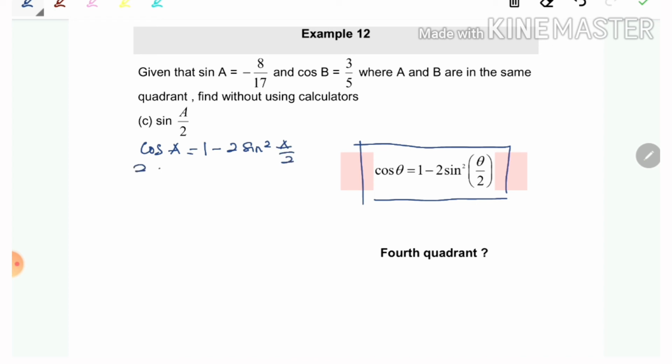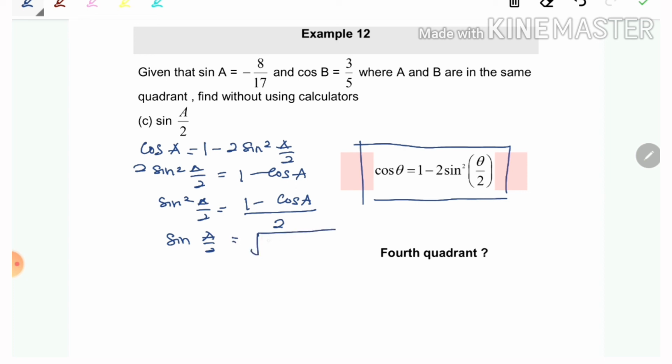Next, 2 sine squared A over 2 equals 1 minus cos A. Sine squared A over 2 equals 1 minus cos A divided all by 2. Next, sine A over 2 equals square root of 1 minus cos A over 2. We have here a plus minus sign.